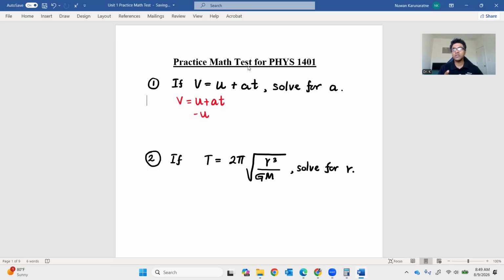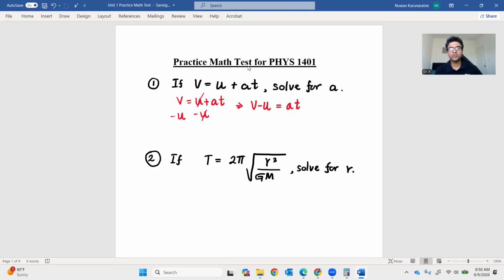But since it's an equation, I need to do the identical operation on the other side. So I'm going to subtract U on the other side as well. And then you can see this U and this U cancel out on the right-hand side. So I will have V minus U equals AT.